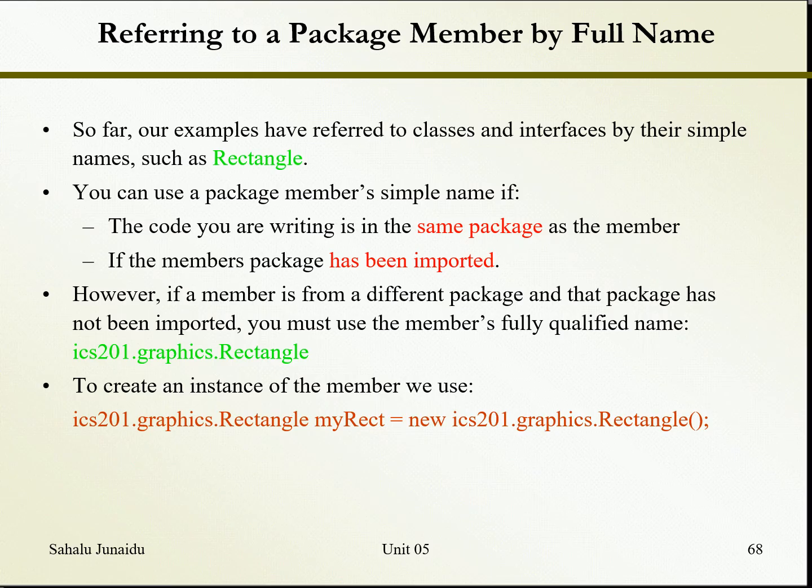If you are compiling with the package, I have to say javac -d. This -d means I need to specify the directory, the destination. Where is the destination? If I say dot, remember, if you know the operating system, dot means current directory.